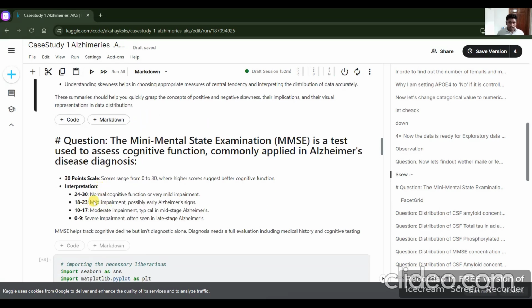Interpretation: 24 to 30 is normal cognitive function or very mild impairment. 18 to 23 suggests MCI or possible Alzheimer's. 10 to 17 is moderate impairment, typical of mild stage Alzheimer's. 0 to 9 is severe impairment, often seen in late stage Alzheimer's.